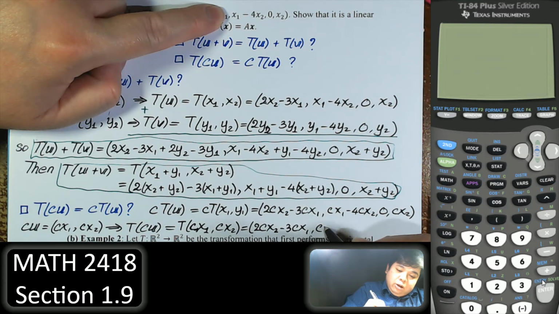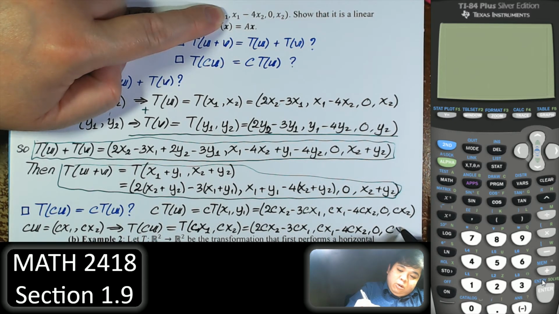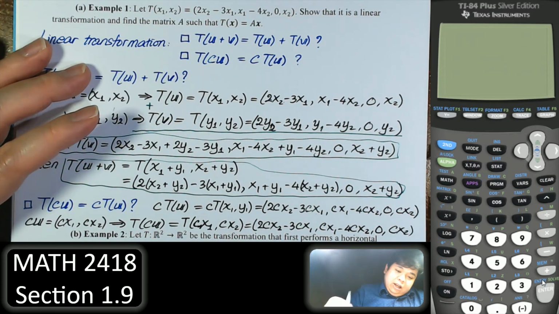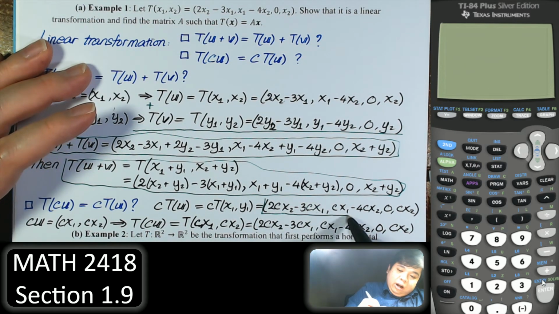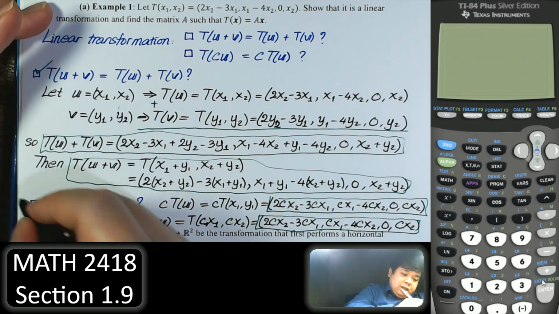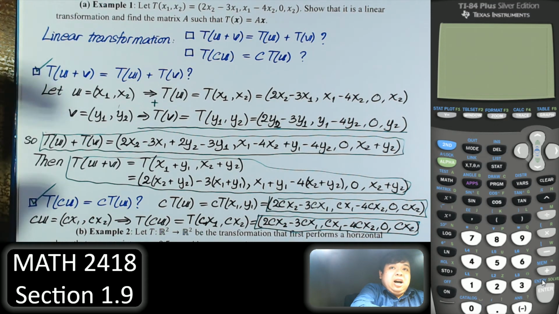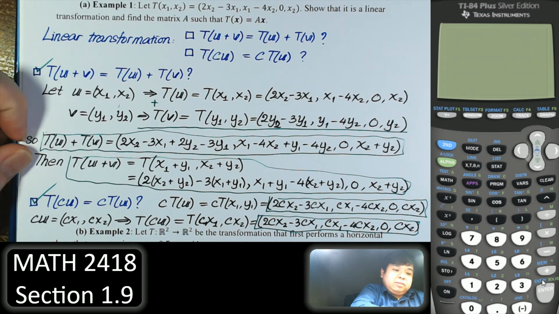The first component minus 4 times the second component, and then 0, and then the second component. Now, if you compare these two, they're exactly the same. So this also checks because we have these two conditions. This is a linear transformation.